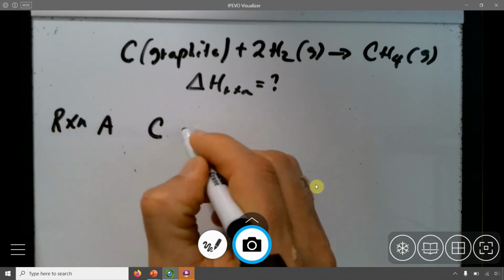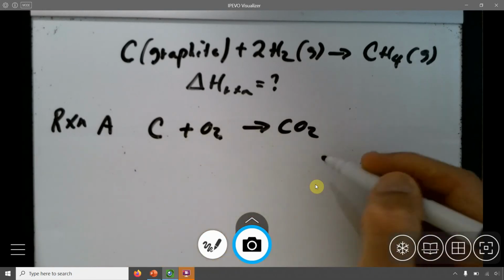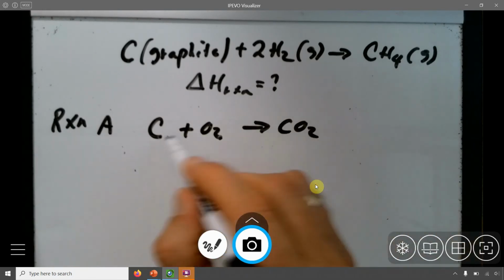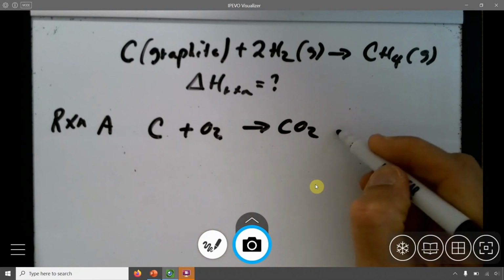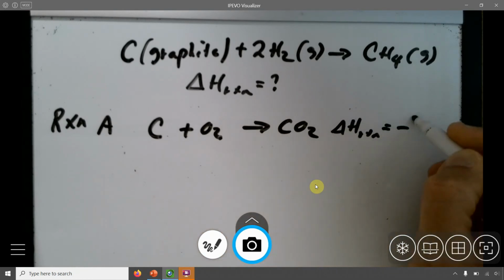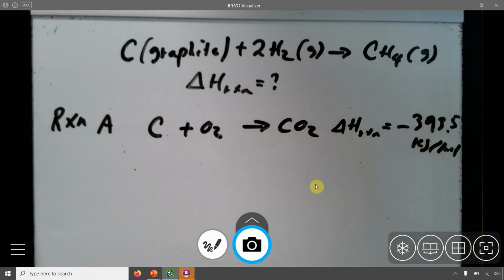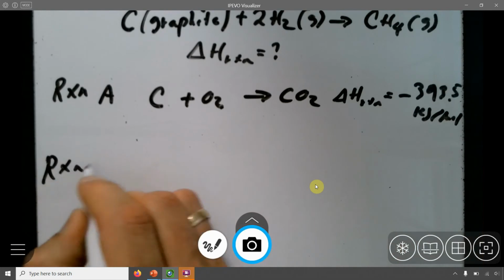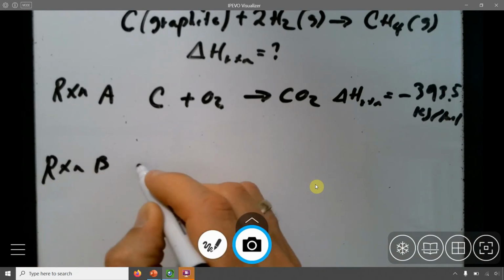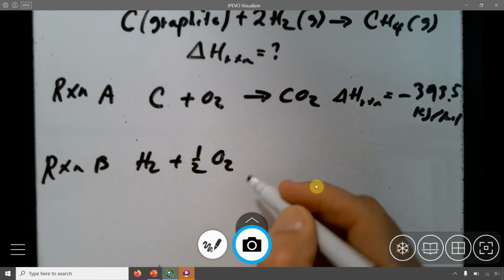I have C plus O2 going to CO2. I'm going to omit the states, but this is graphite. This delta H is negative 393.5 kilojoules per mole. I have reaction B, H2 gas plus 1/2 oxygen gas.